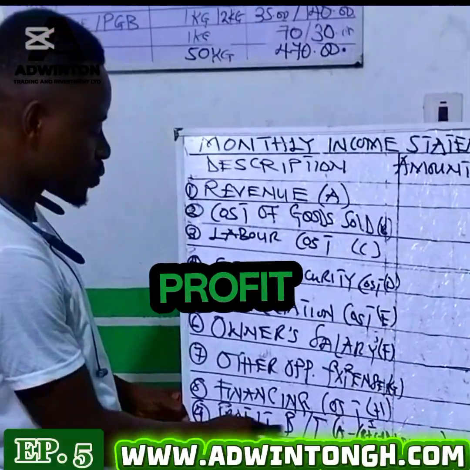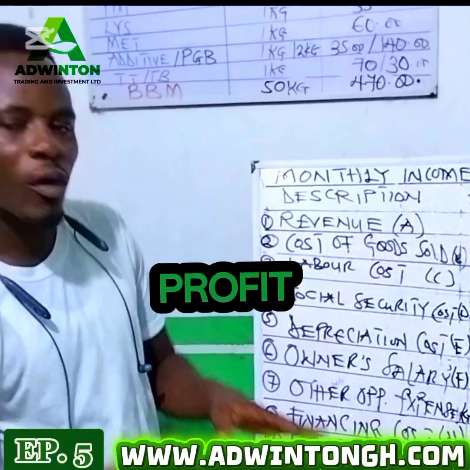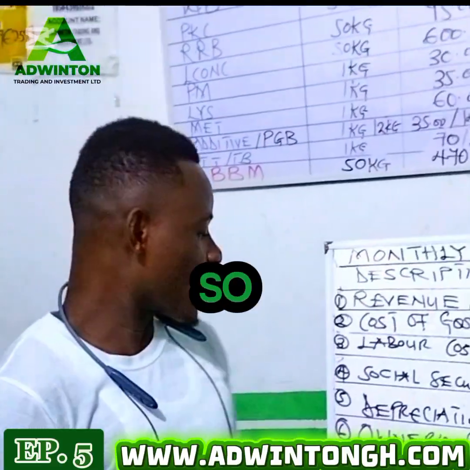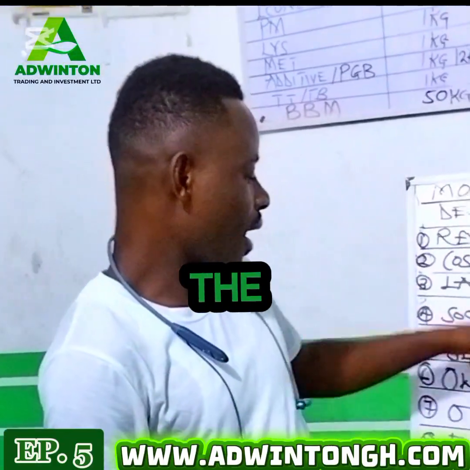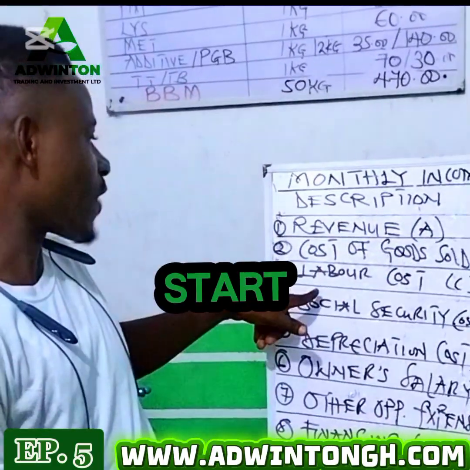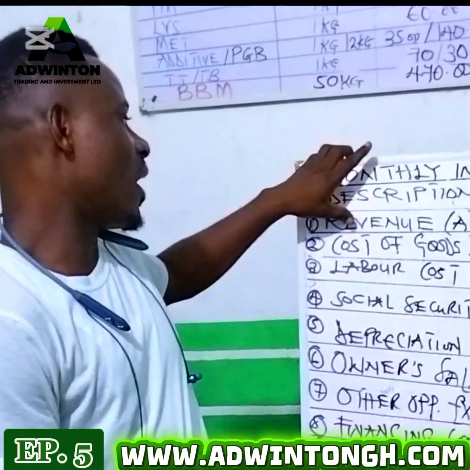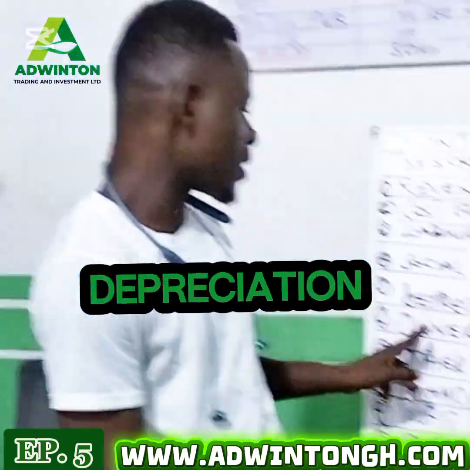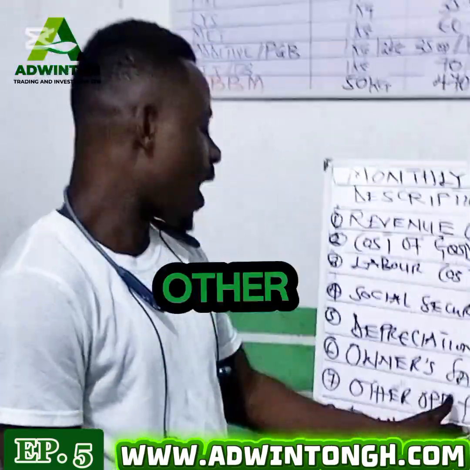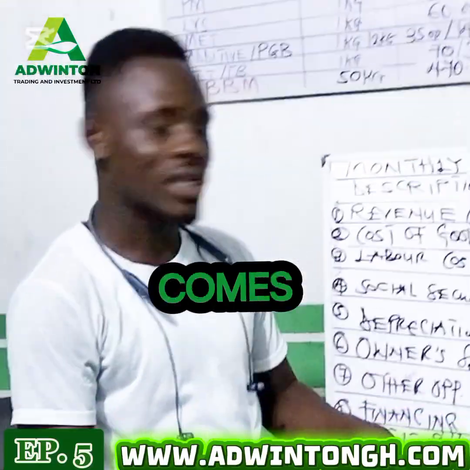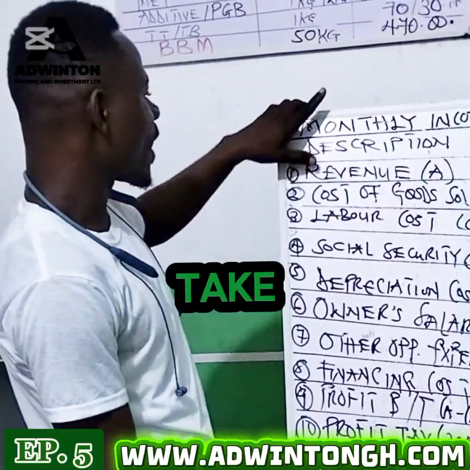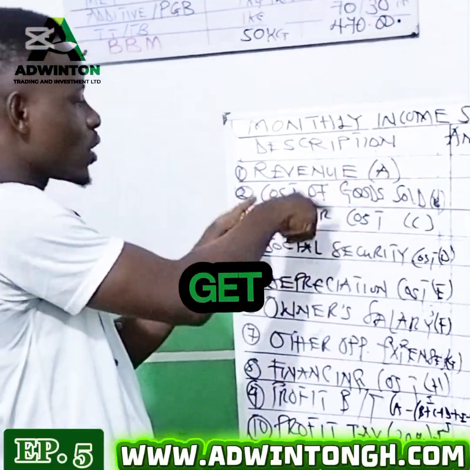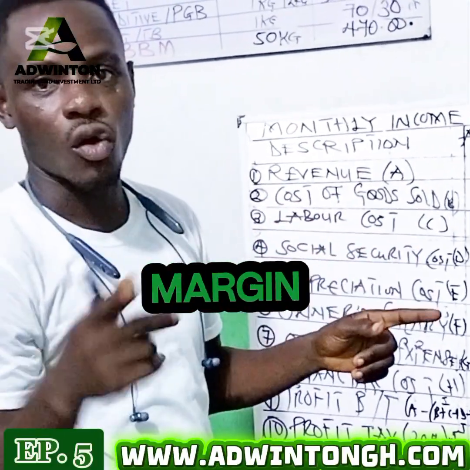Your profit before tax is the profit that you make before the tax man comes in. If you don't know all these things, or you are not keeping records of your social security, depreciation, owner's salary and other operation expenses, when the tax man comes, he is going to take your cost of goods sold and deduct it from your revenue to get your gross margin or gross profit.